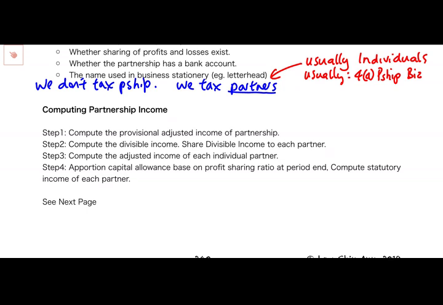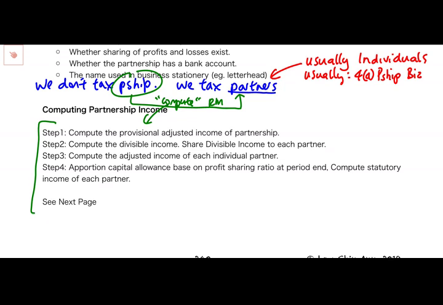Okay, so how do we tax the partner? Now to tax the partner, we will have to take the partnership through a computation to get an amount that will give to the partner. Now, that computation will be the steps that we're going to see here.